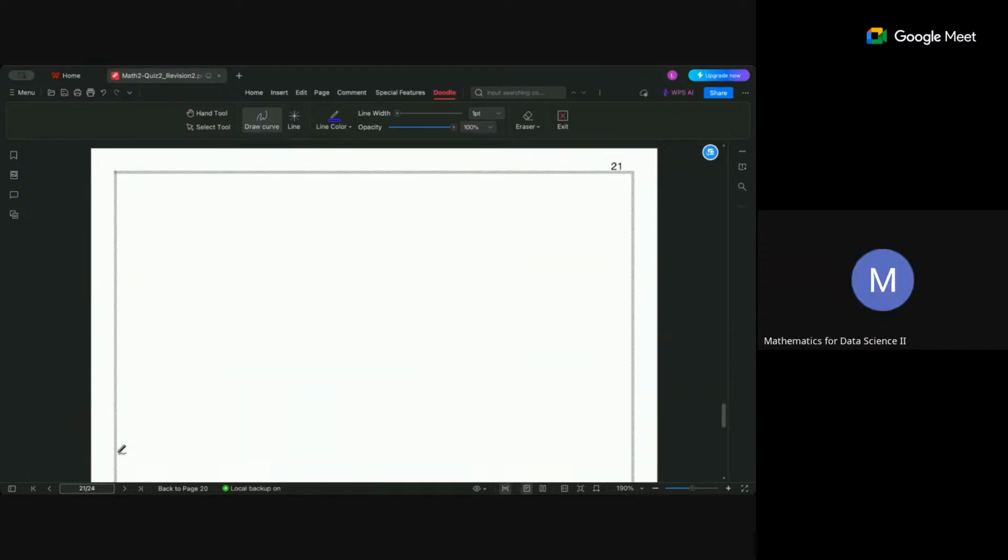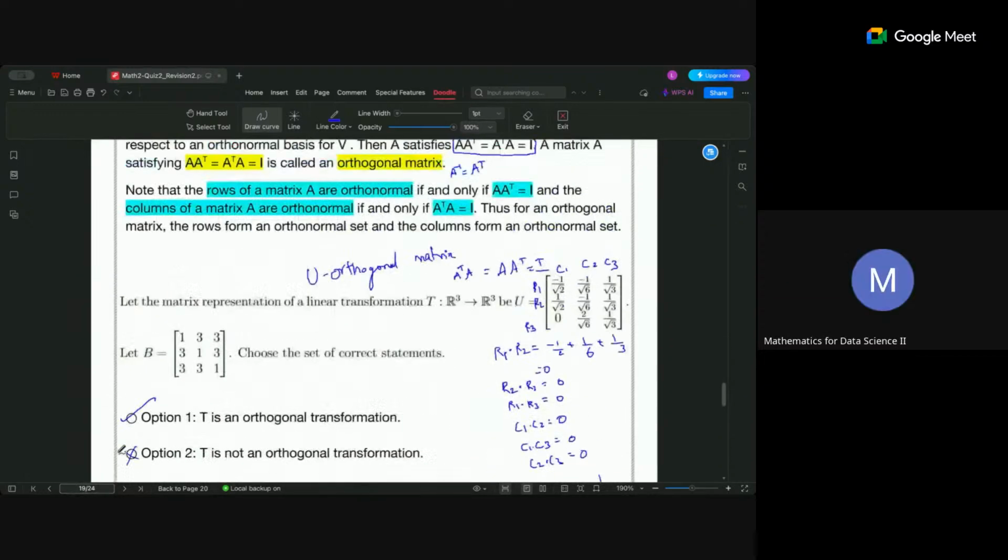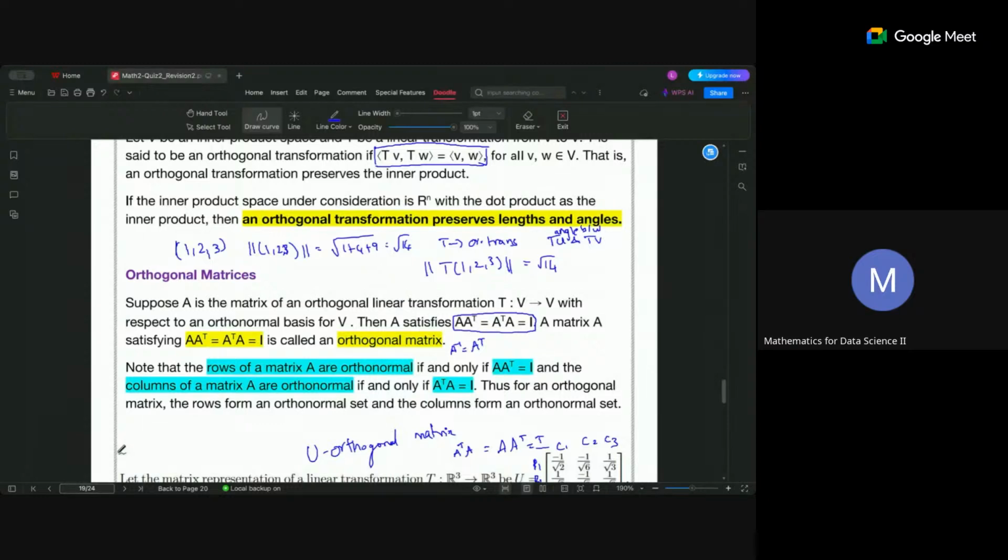Okay, so there is one point which I have not covered. I'll ask you this question, you try to answer. What is the determinant of an orthogonal matrix? It has to be non-zero. Okay, plus or minus 1. Why plus or minus 1?